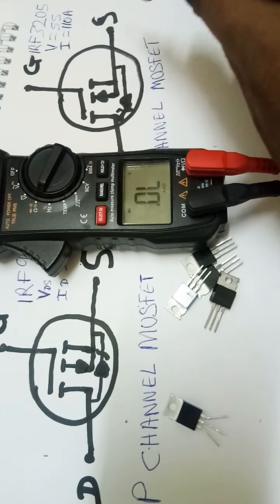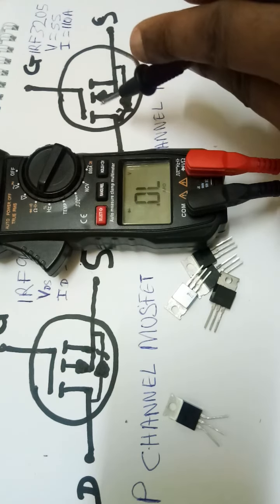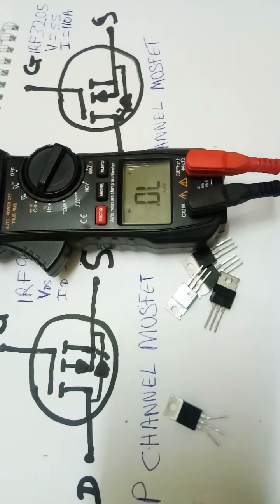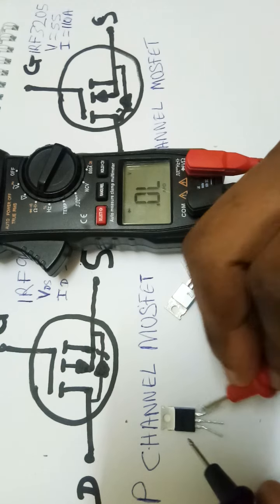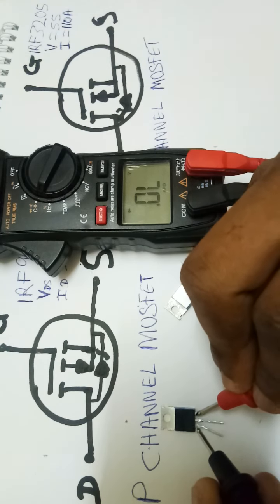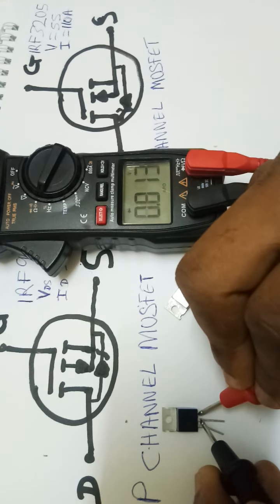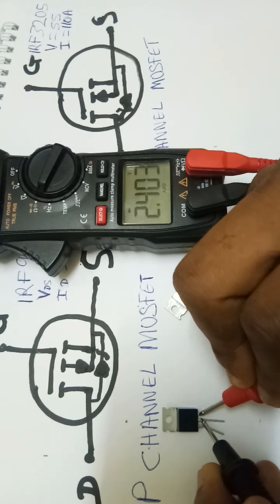As you can see, it's forward biased from source to drain. So we test it. As you can see, the reading is 2.9 voltage drop.